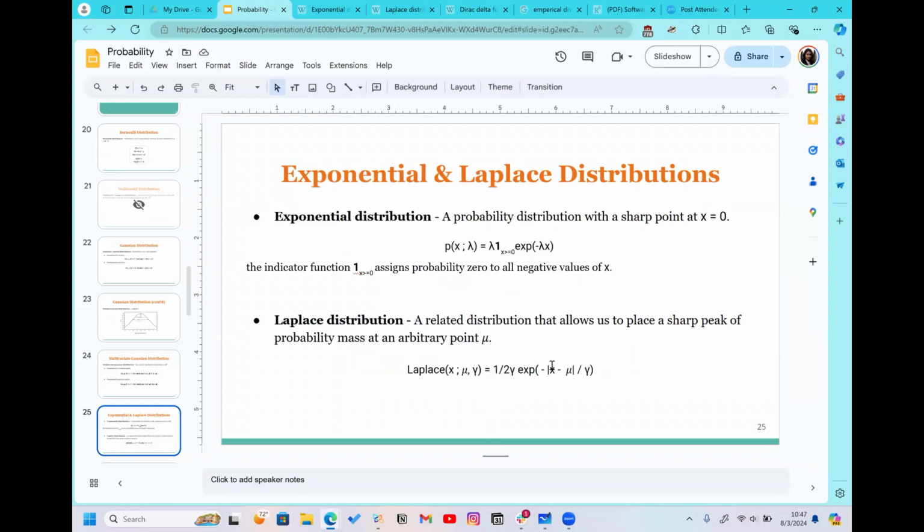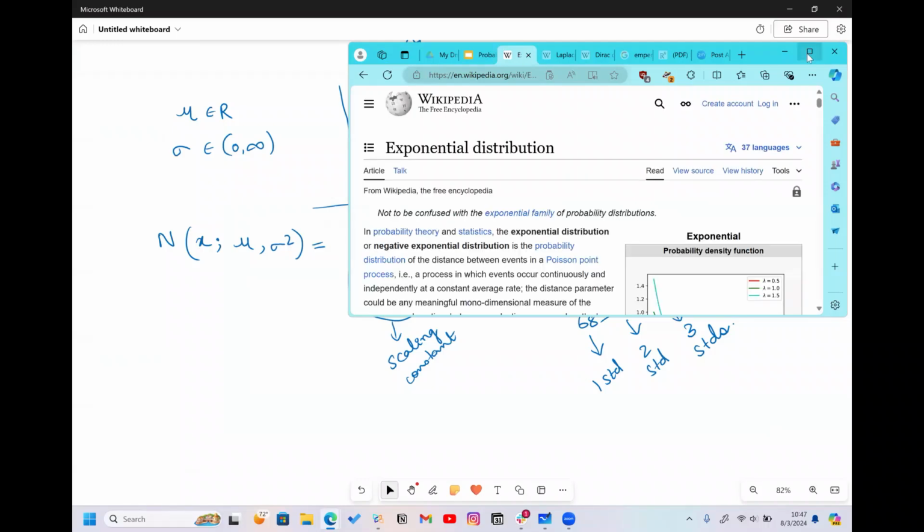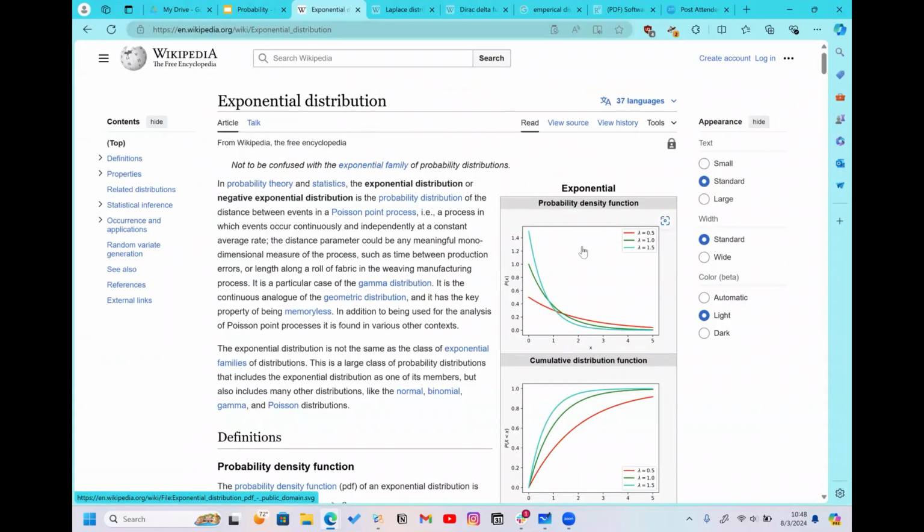Next we have exponential and Laplace distributions. So the exponential distribution talks about if events happen continuously and independently with respect to each other, how much time it takes for them to happen. And the distribution looks something like this.